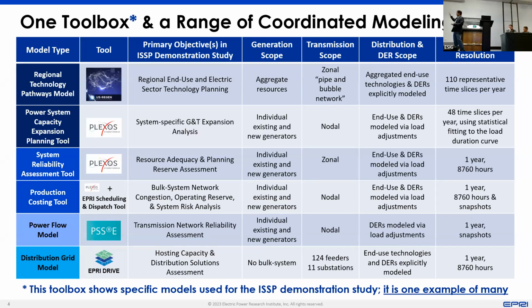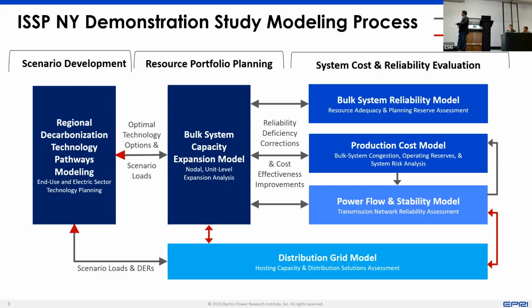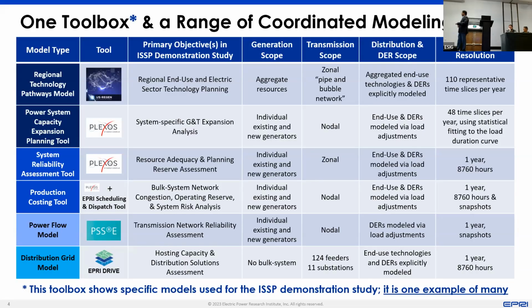So what I'm showing on this slide is the list of tools that we used for each one of these blocks. For example, for coming up with the scenarios, we used a tool called Regen, which is an EPRI research tool. Other entities have similar tools. I know NREL has ReEDS, which has comparable capabilities.